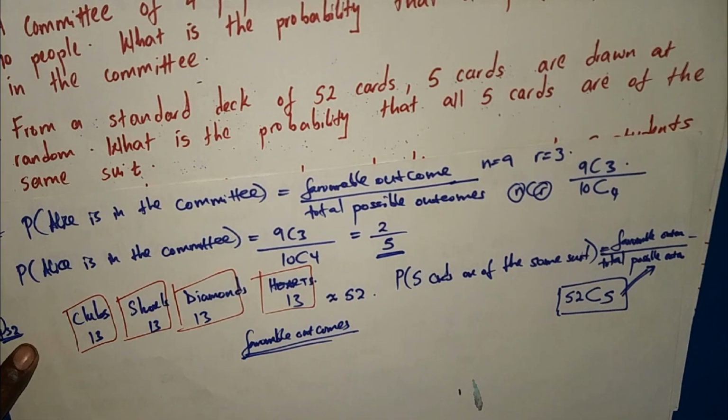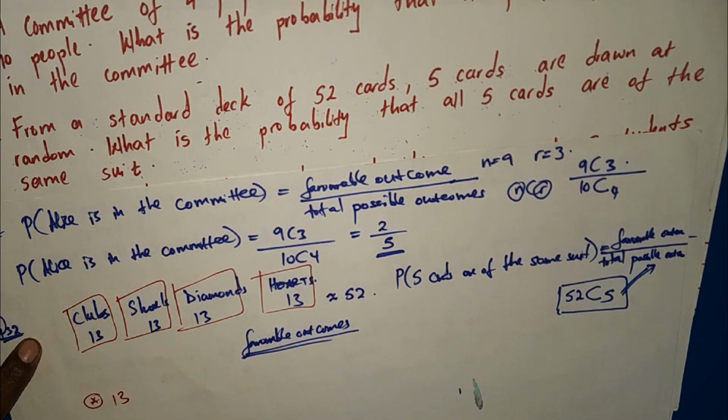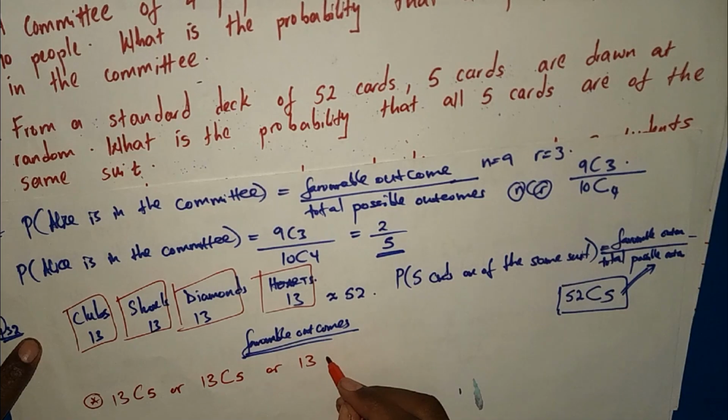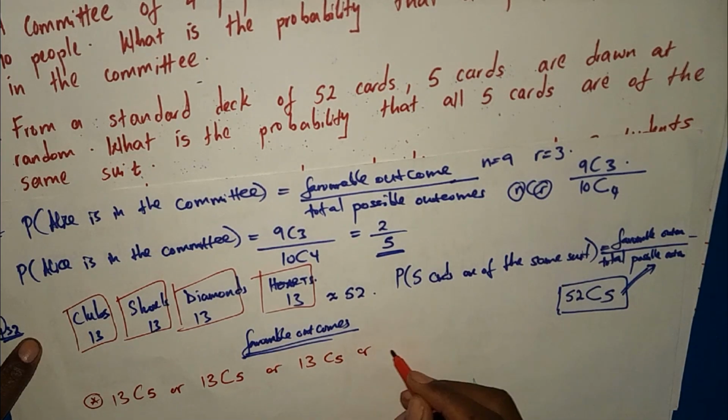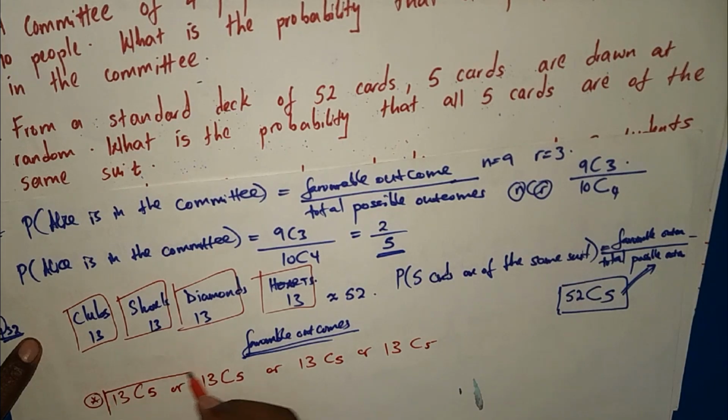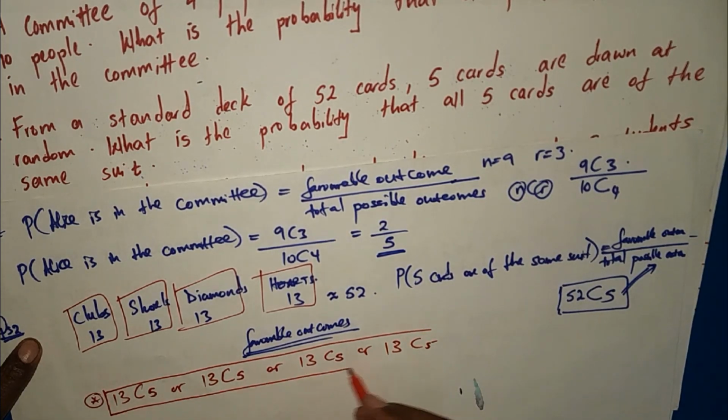So what we are going to do is choose those 5 cards from the 13 of clubs, or from the spades, or from the diamonds, or from the hearts. So this is the answer for the favorable outcomes.